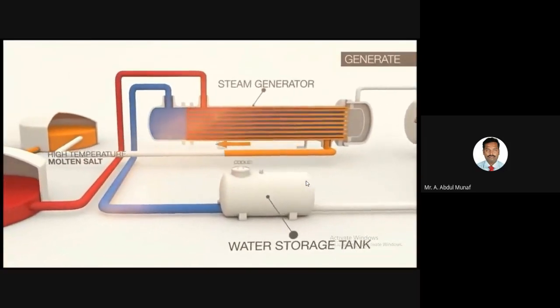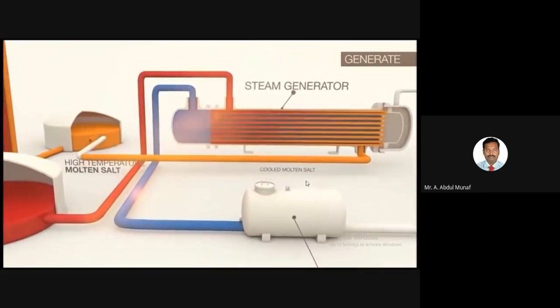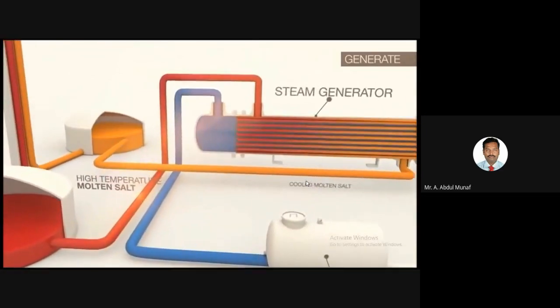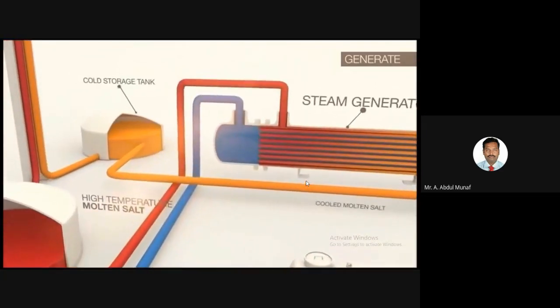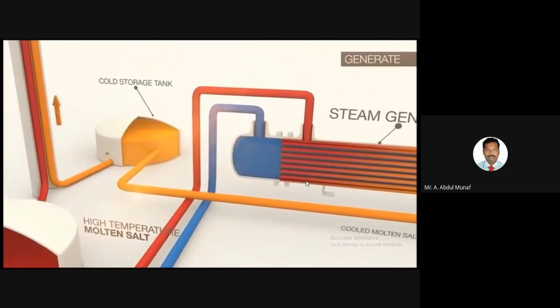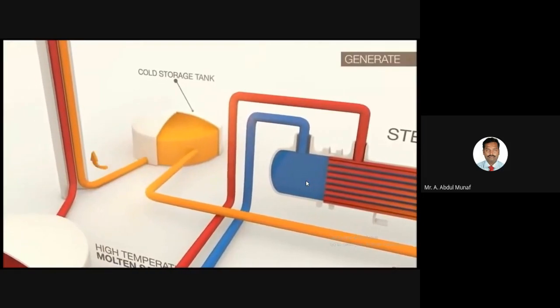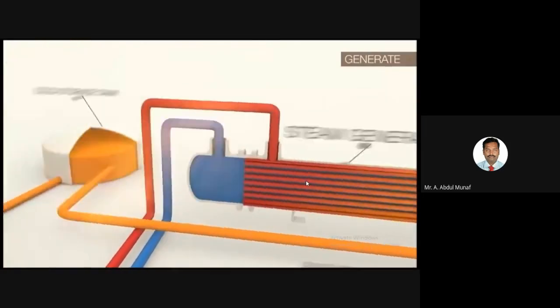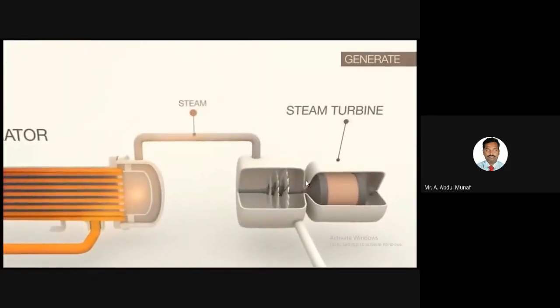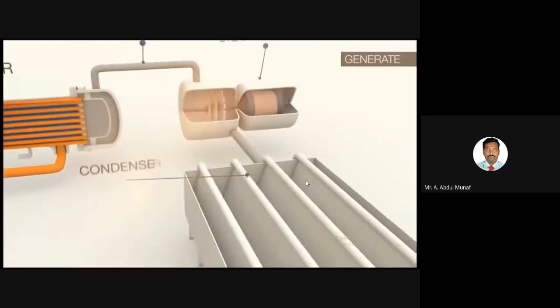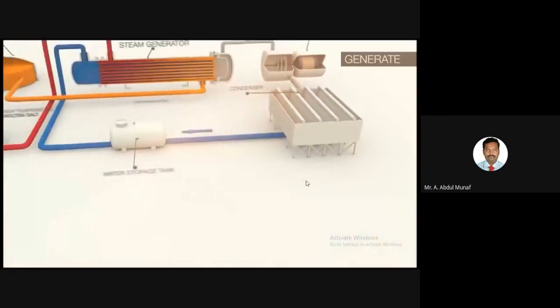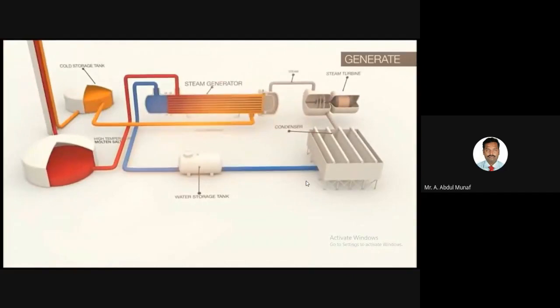Once the hot salt is used to create steam, the cool molten salt is then piped back into the cold salt storage tank where it will then flow back up to the receiver to be reheated as the process continues. After the steam is used to drive a steam turbine, it is condensed back to water and returned to the water holding tank, where it will flow back into the steam generator when needed.